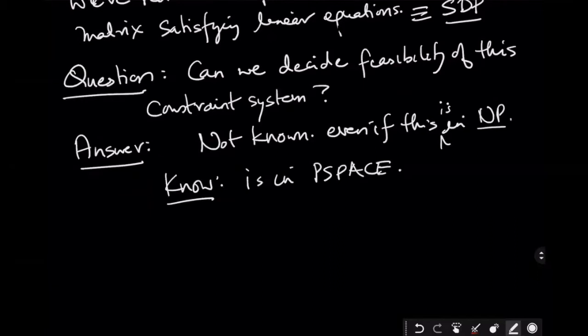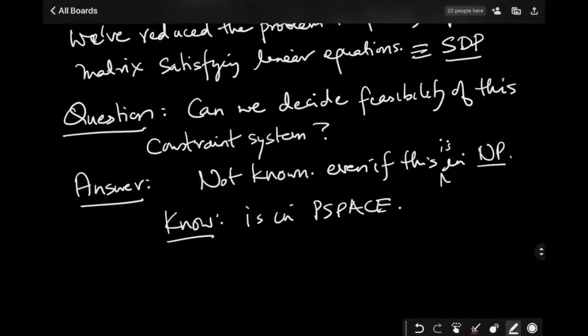By the way, this should not be surprising to you. This is related to the issue that we were discussing earlier. When F has a degree D certificate and F has rational coefficients, does it mean that there is a representation A with rational coefficients? We don't know, right? And you can almost imagine why that would relate to whether you can efficiently verify solutions, because it's not even clear that you can write down a solution. So if you can't write down a solution, then there is not going to be much hope of verifying it.